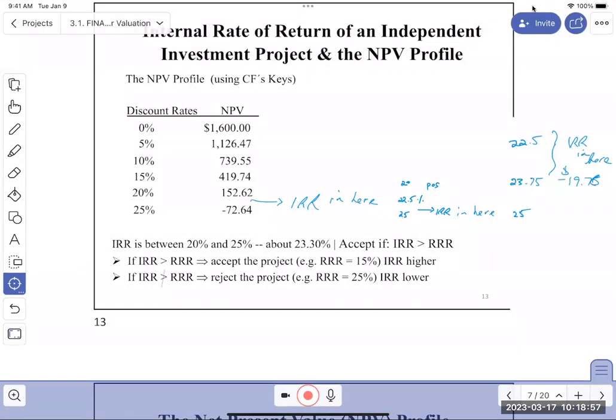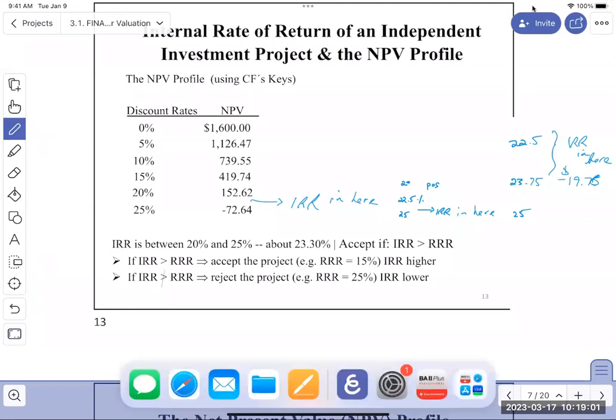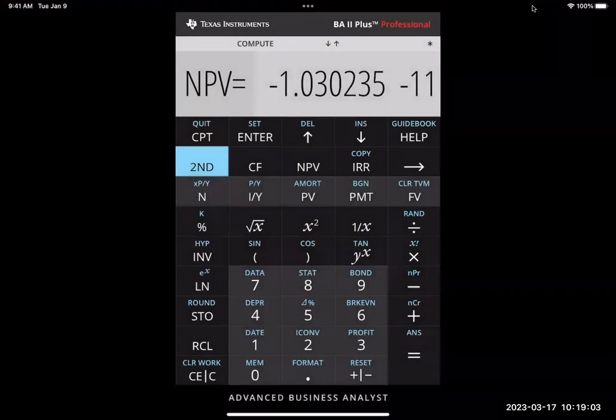So let's say, let me take a picture of the number. What did we put in again? We put that in.